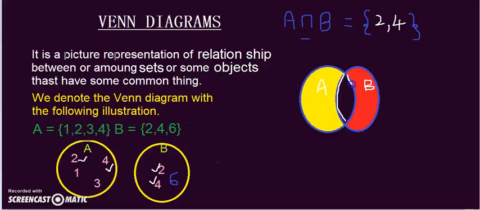So this part is our intersection of A and B, the white circle.